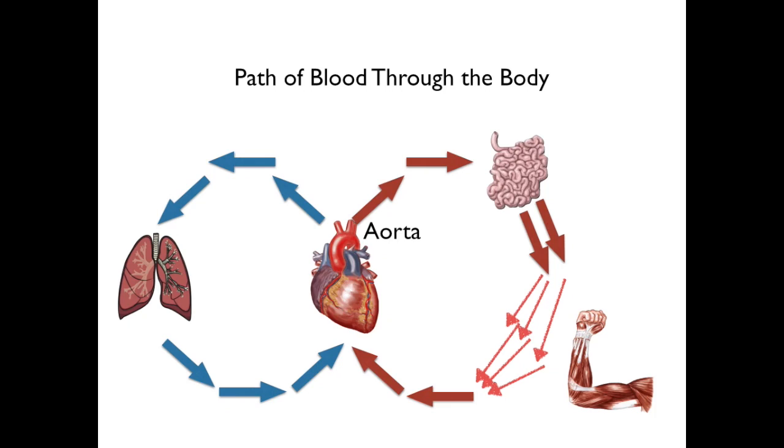From the heart, the oxygenated blood exits through the aorta and travels through very large passages for blood called arteries. Some of the blood will pick up nutrients, such as glucose, as it passes through the small intestines. Blood in the body continues to divide into smaller passages called blood vessels, and the smallest of these passages are called capillaries. Now, some of those capillaries are so small that only one blood cell can make it through at a time.